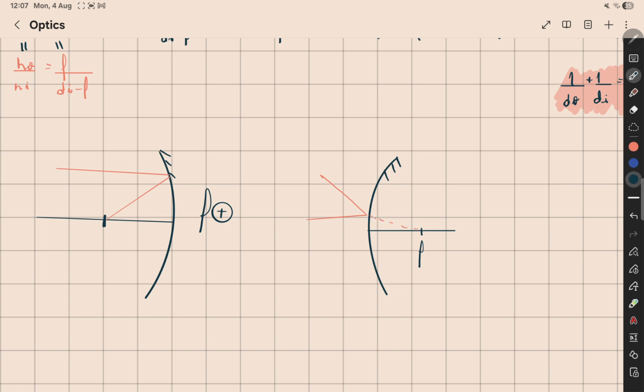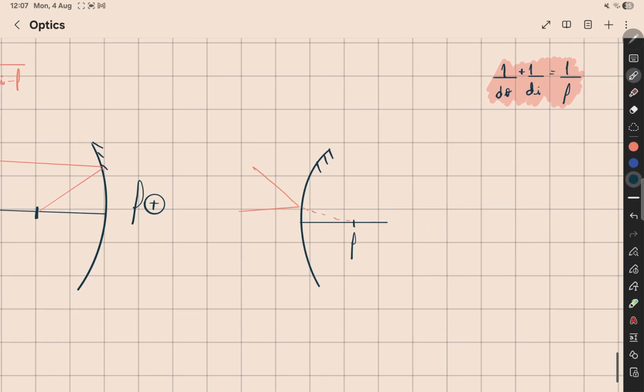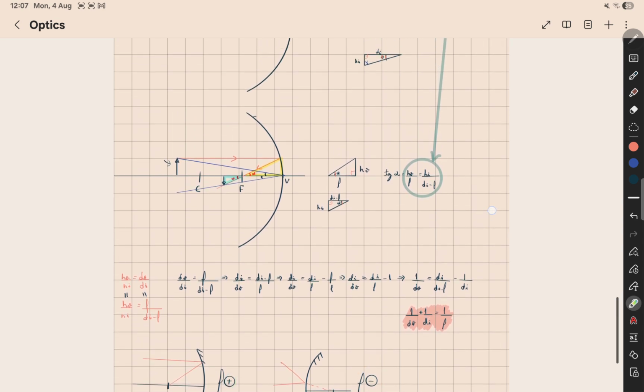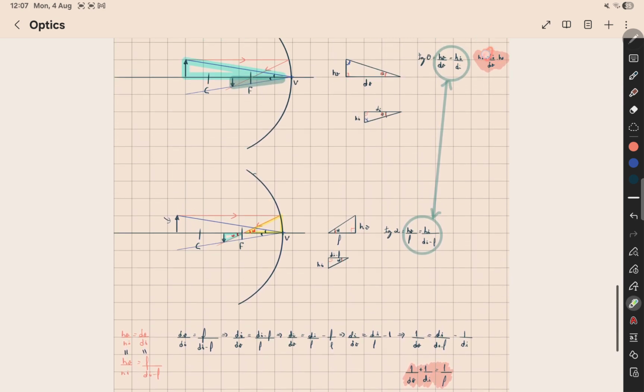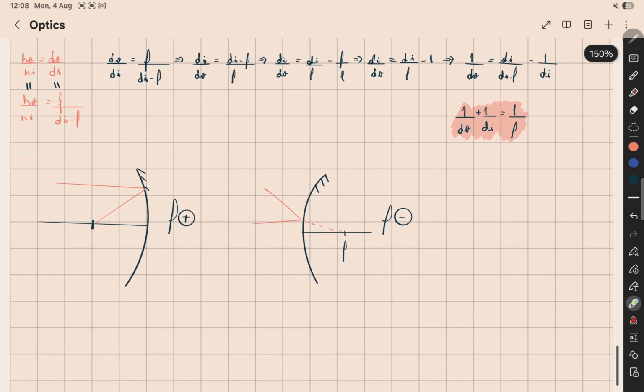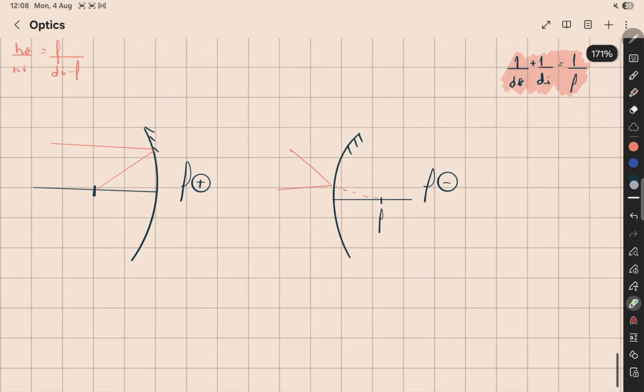Of course, my drawings are really bad, but in this case here, we need to use the focal length with a minus sign. If we just stick to those sign rules, the sign convention, and don't forget to put a minus sign here as well, then this equation should work for every type of mirror.